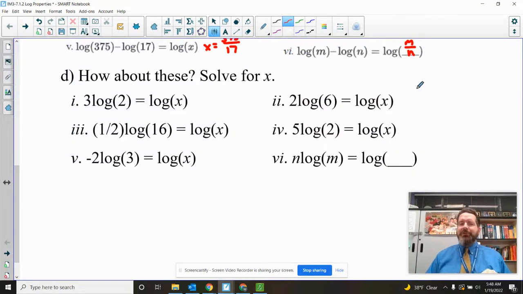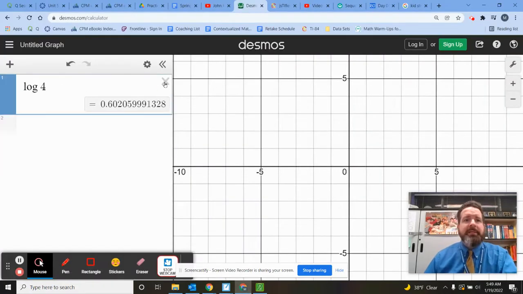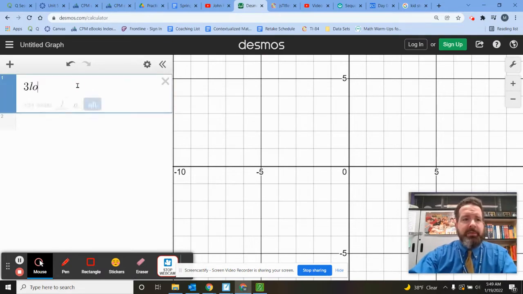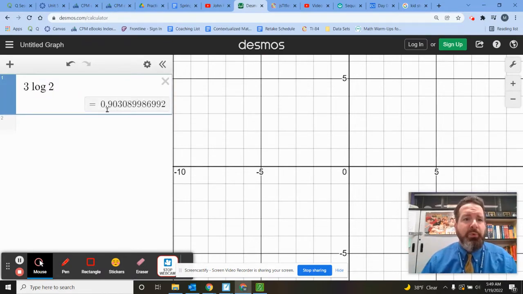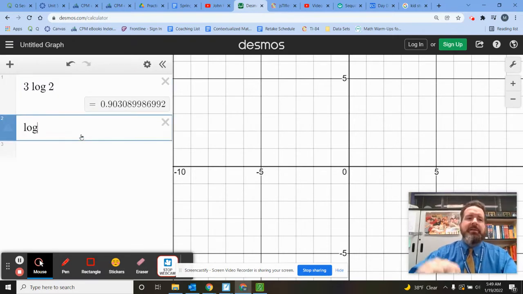And it may be a little trickier to see what's going on this time, but I still have faith in you to get things figured out. All right, so this first one, 3 log 2 equals log x. Let's come back here. Let's see how much 3 log 2 is. All right, so 0.9, so it's not quite 1, meaning that the number I'm looking for in this log is probably going to be a little bit less than 10 to the first, which is 10.